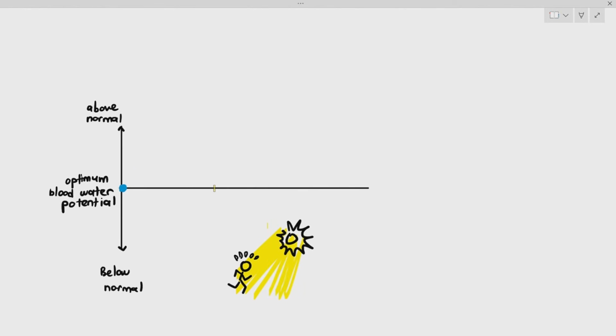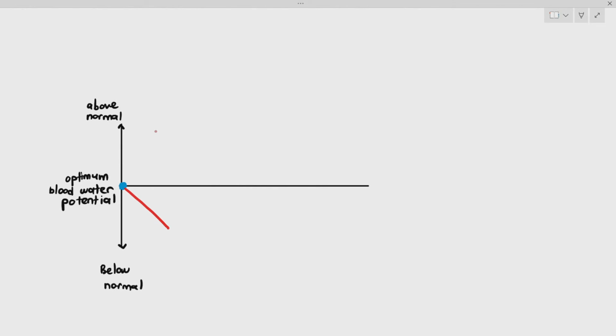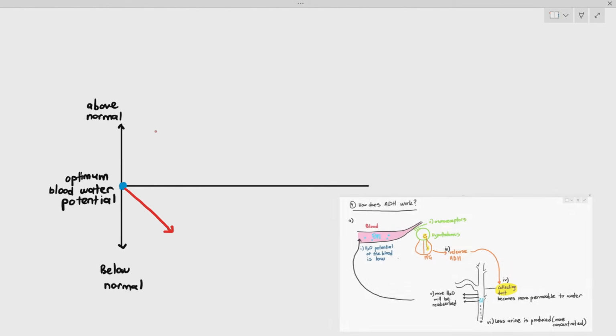But let's say you are sweating too much. And when you're sweating too much, the amount of water in your blood decreases. So in this case, the stimulus is detected by osmoreceptors, again in the hypothalamus, which send a signal to the posterior pituitary gland, which releases ADH or releases more ADH. And remember, more ADH means the collecting duct is more permeable to water, which means more reabsorption of water happens.